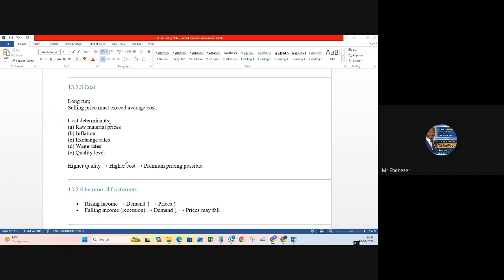Then of course we have the wage rate, the rate at which you pay your laborers, right? And also we have the quality level, which has to do with quality of production. The quality will determine the price of the product as well. That is, higher quality will result in a higher cost. All right, and that's it.